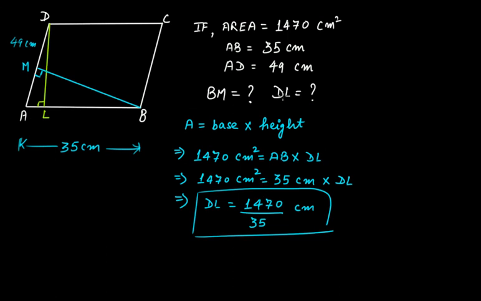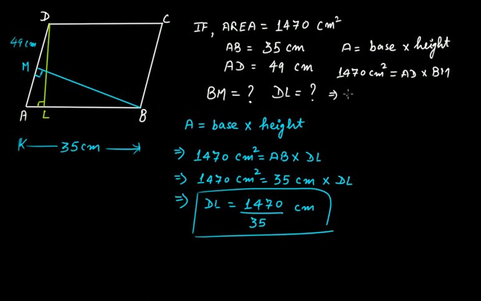Okay, now what about BM? Same thing we'll do in the case of BM also. If we consider AD as the base, so your area is base times height. Area we know is 1470 centimeters square. Base, in this case, if we consider AD, and the corresponding height is BM.